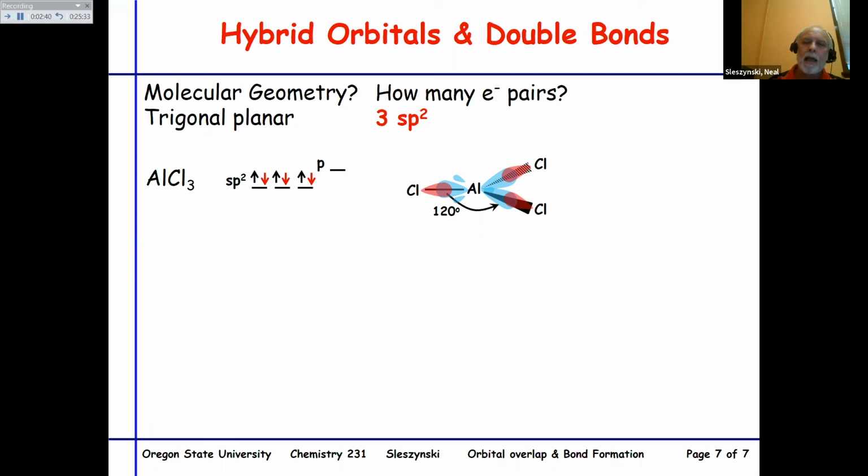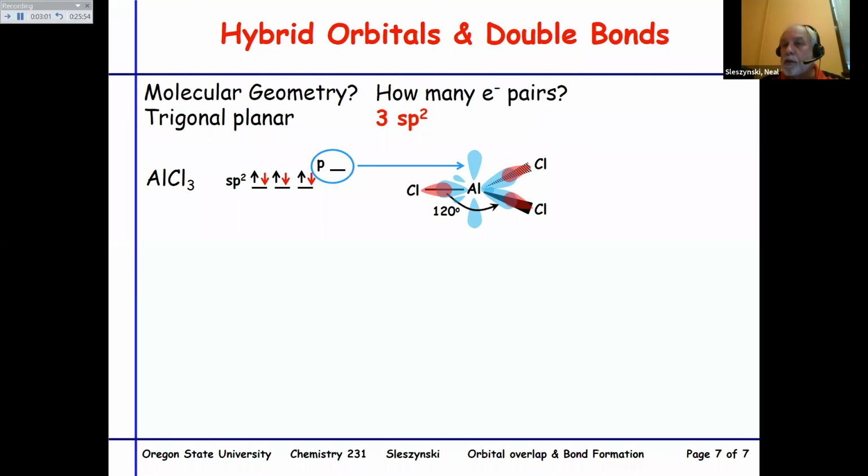Well, if we go back and look at the distribution of our electrons, we see that we still have a p orbital available. That p orbital doesn't have any electrons in it, but that p orbital is physically still there. It's above and below the plane of my triangle.